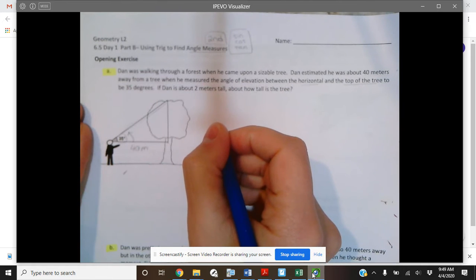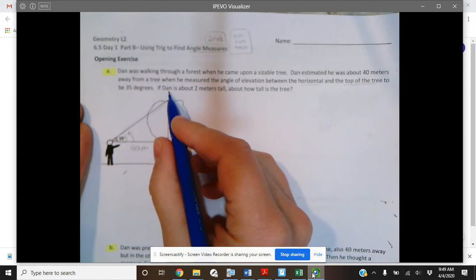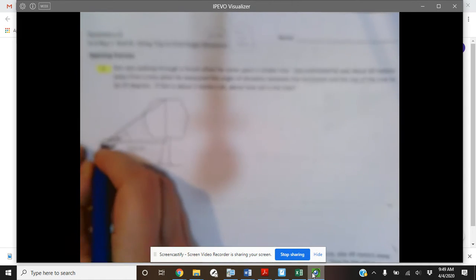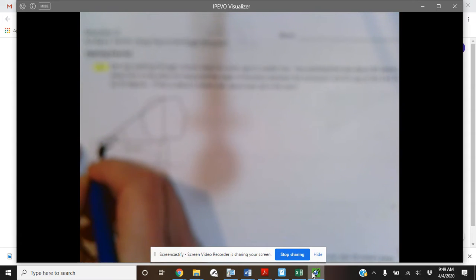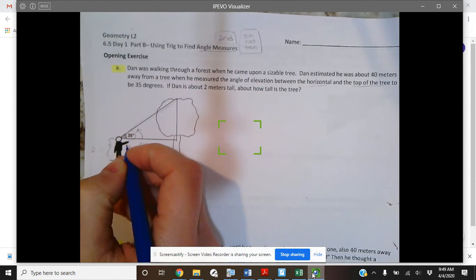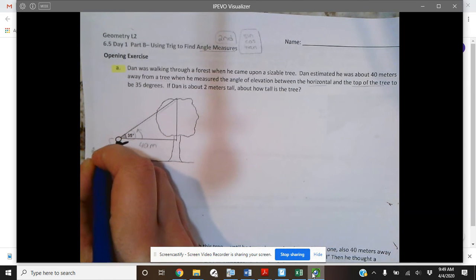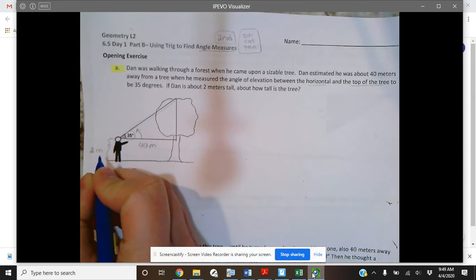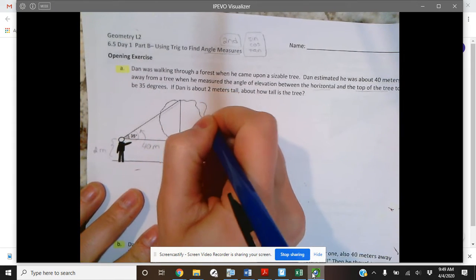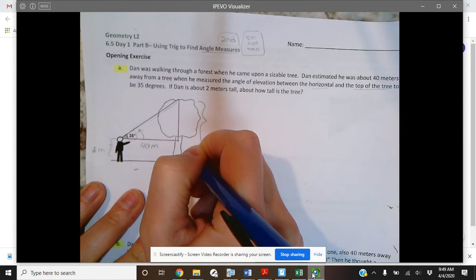Okay, so now, if Dan is about 2 meters tall, about how tall is the tree? So here's Dan, he is 2 meters tall. So we want to figure out how tall the tree is. This is what our end goal is.